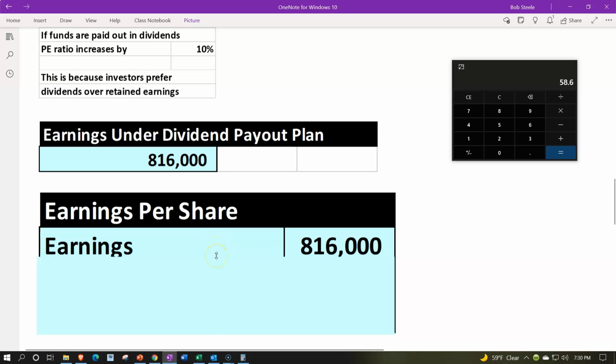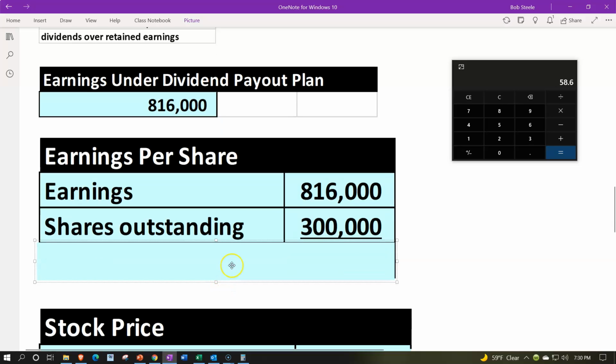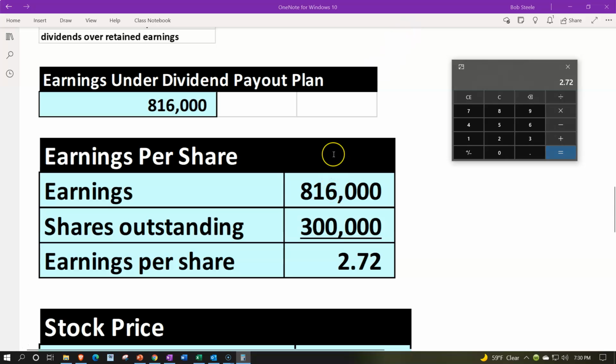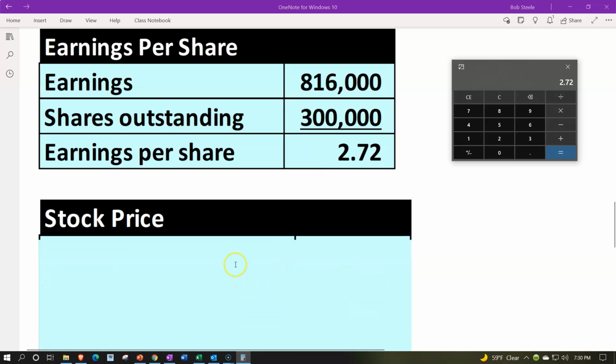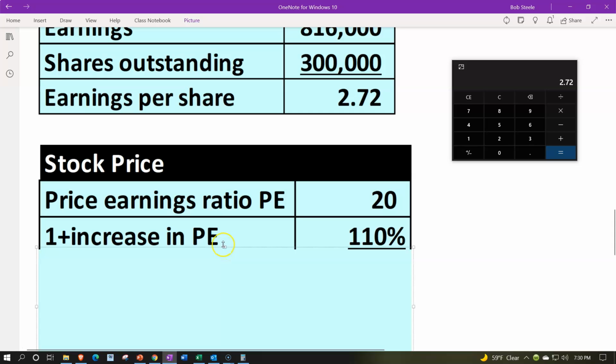So we're going to take the earnings, which are less now, at 816,000, with the shares outstanding still at 300,000. That's going to give us earnings per share of 816,000 divided by 300,000, or 2.72. Then we can use that to calculate the stock price using the PE ratio. Now, the PE ratio is going to change this time because the market conditions are going to change because they like dividends, we're assuming.